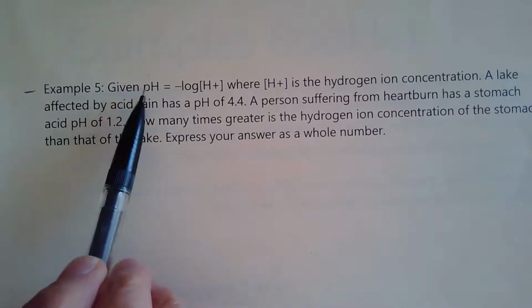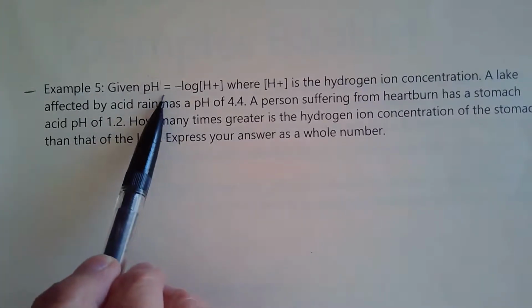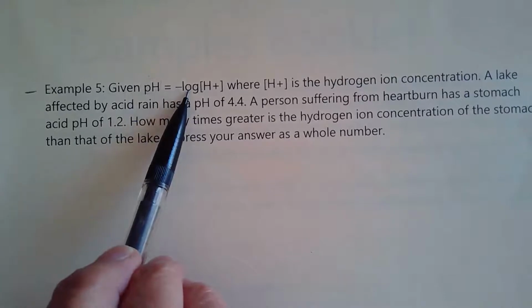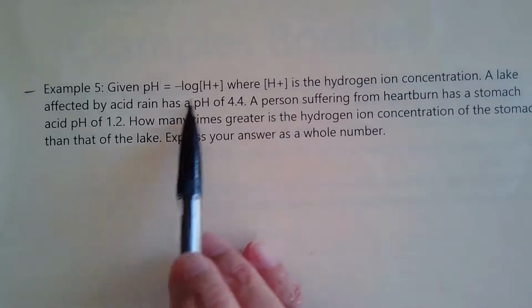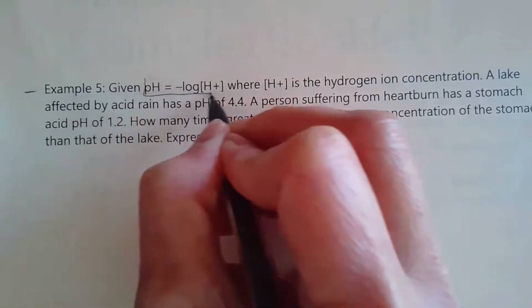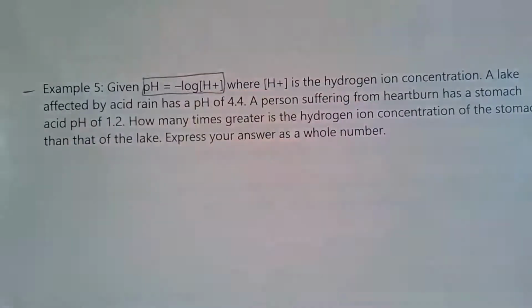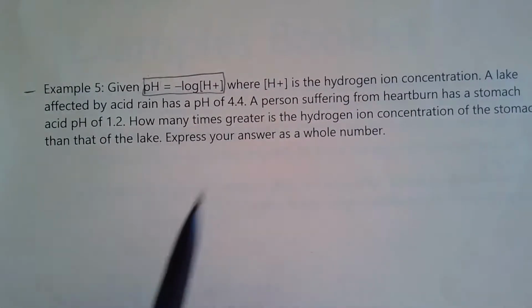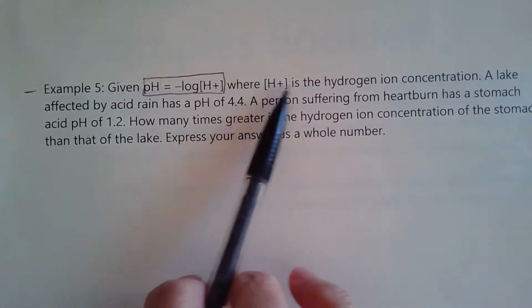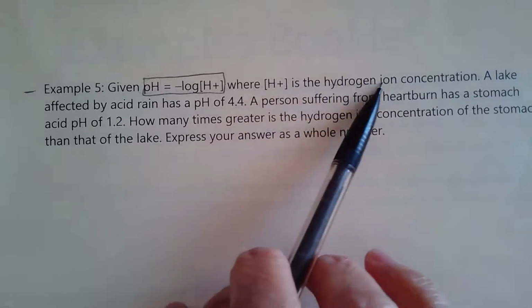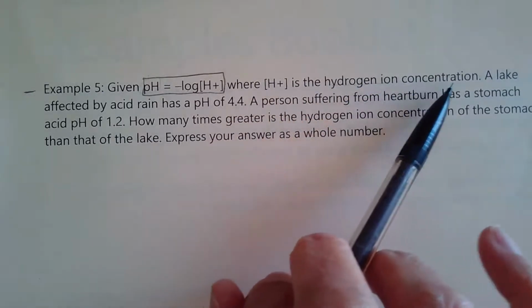Given the pH is the negative log of the hydrogen ion concentration, that's the formula here. If you're in chemistry, you've probably seen that one, where H plus is the hydrogen ion concentration.